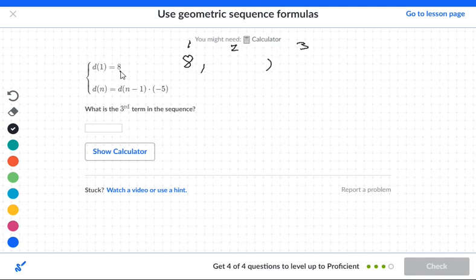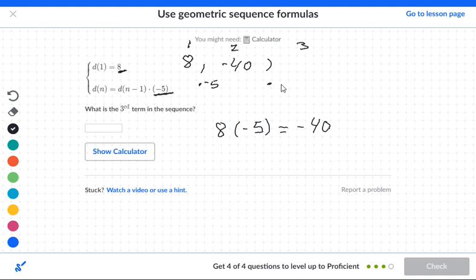Remember, we need to start with this number here, and we're only really concerned with what comes after, which is multiplying by negative 5. So you want to take this 8 times negative 5. When you do that, you get negative 40. So our second term is negative 40.